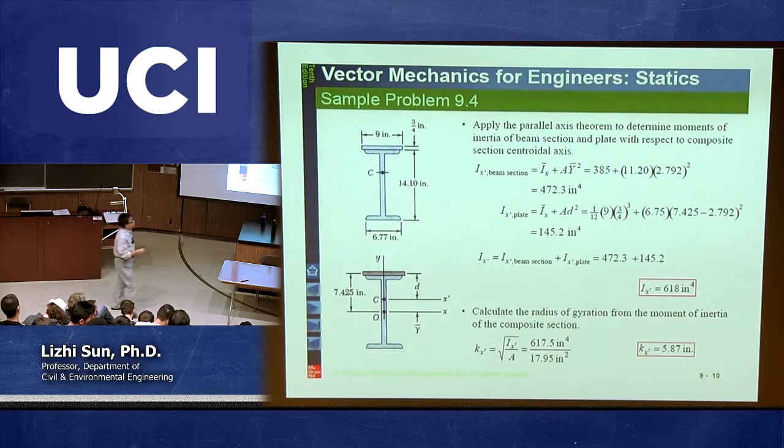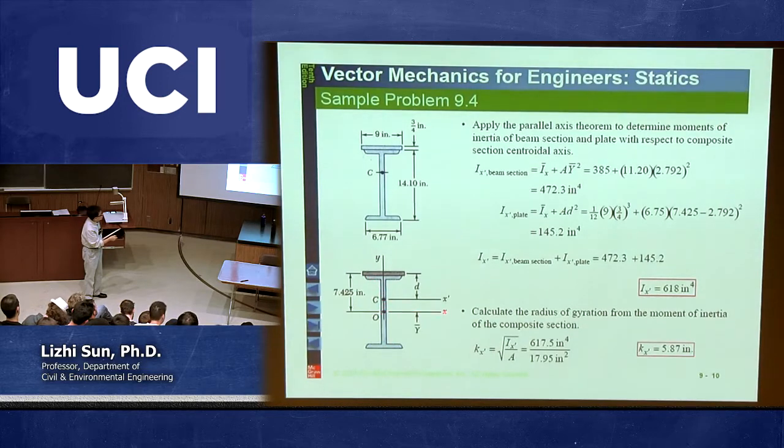Number two, we need to use the parallel axis theorem to transfer this one to this. Again, this is the moment of inertia of the second structure with respect to x prime. We know the moment of inertia with respect to this one, then we need to add A D squared.